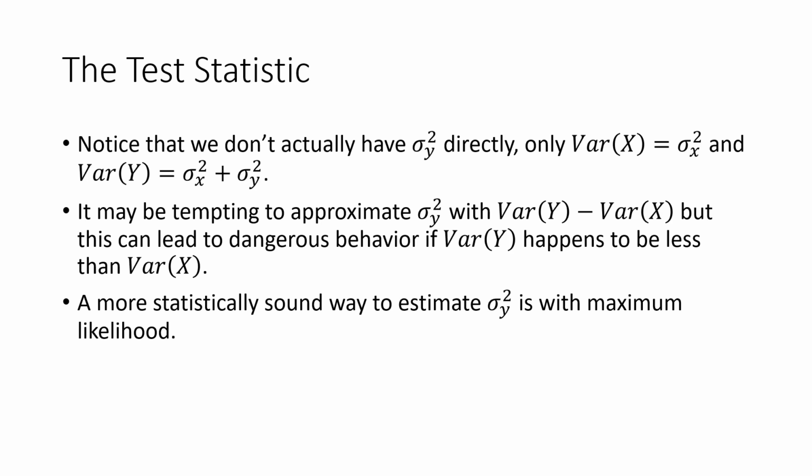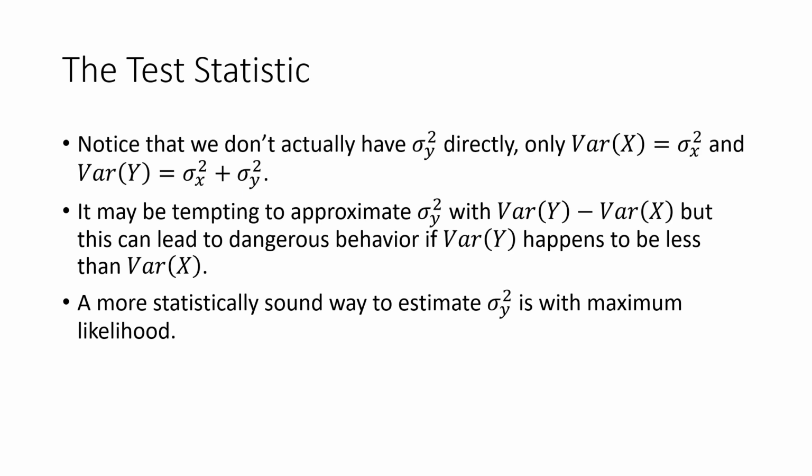Notice that we don't actually have sigma y directly, only the variance of x, which is sigma x squared, and the variance of y, which is sigma x squared plus sigma y squared. It may be tempting to approximate sigma y squared by just taking the difference, because sigma x squared plus sigma y squared minus sigma x squared technically gives you sigma y squared.